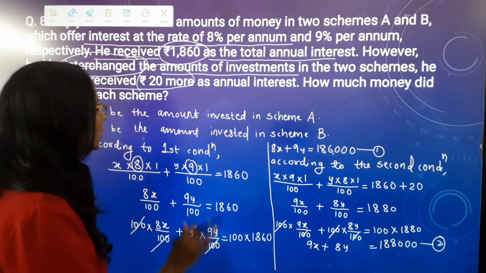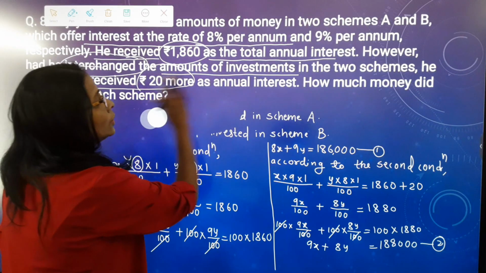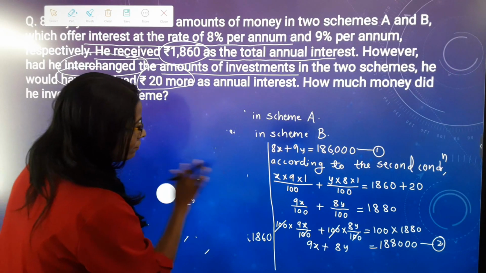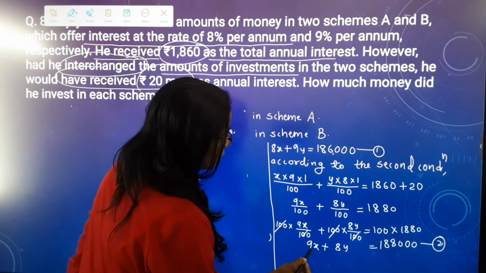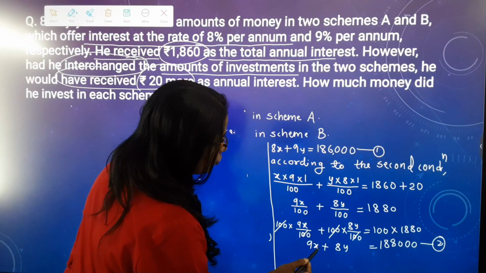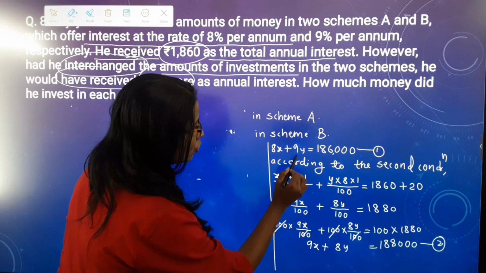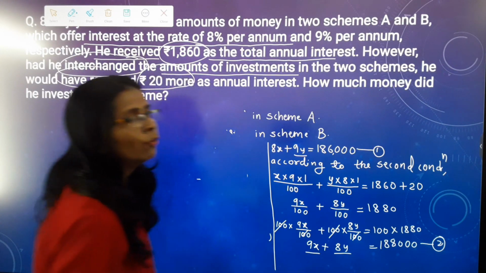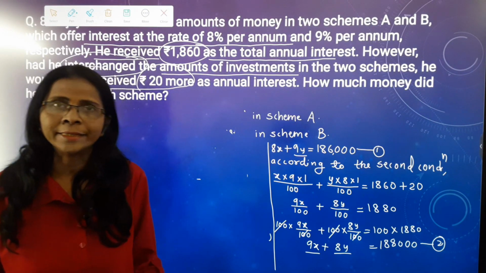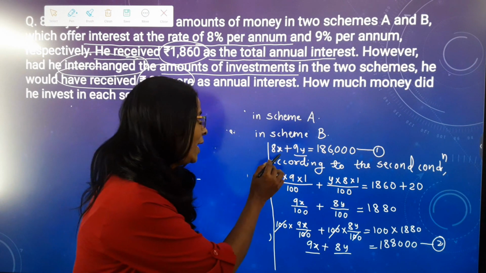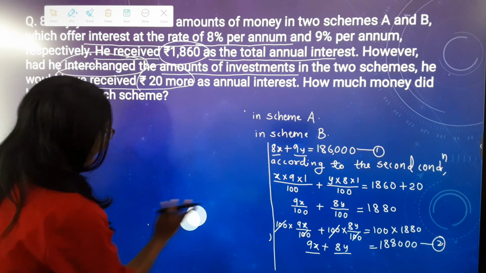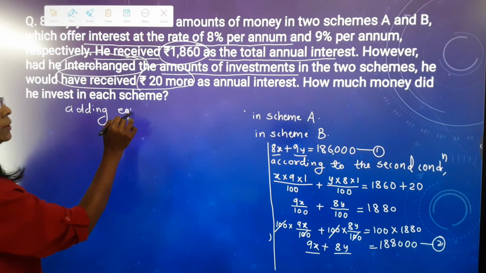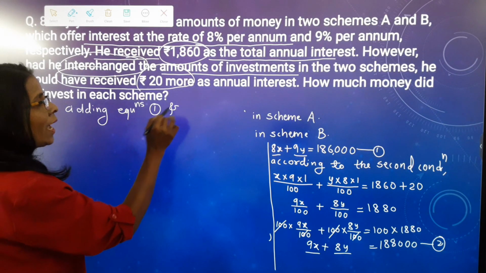Now there are two equations, and observe that the coefficient of x is 9 in the second equation, which is the coefficient of y in the first, and the coefficient of y is 8 in the second, which is the coefficient of x in the first. So we add these two equations, adding equations 1 and 2.